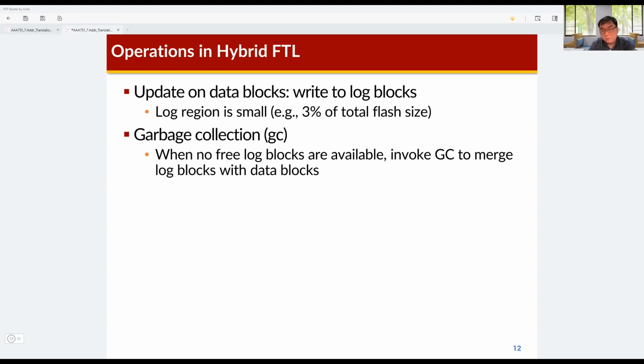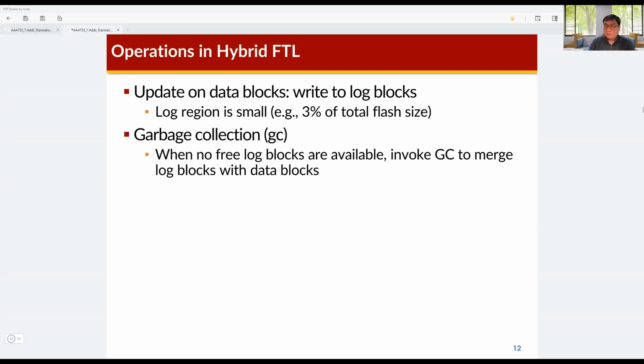And then these additional spaces are used for other purposes, such as additional spaces for write operations or log blocks, and then some additional space for another purpose.